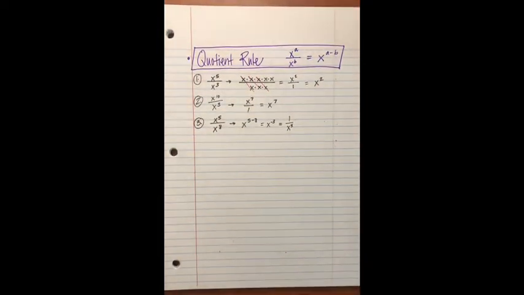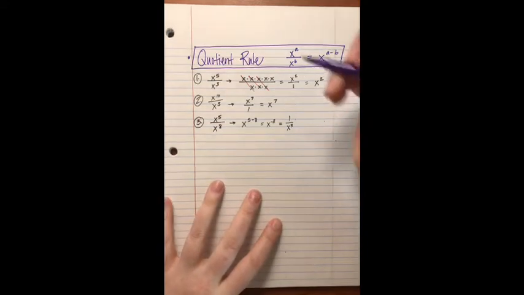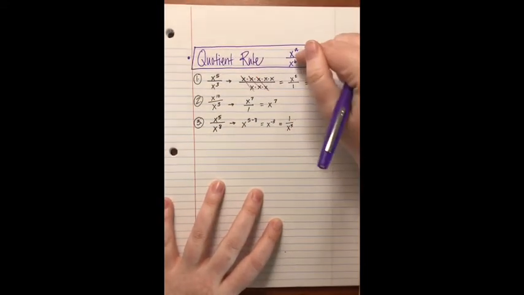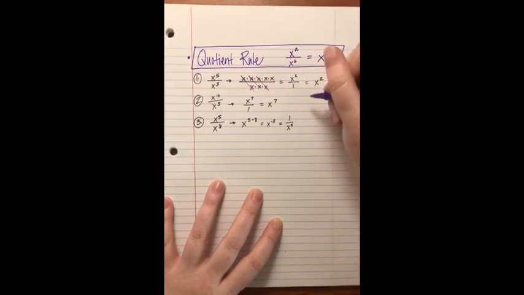That's my final answer. Okay, so the rule here, let's go ahead and write kind of a little rule to ourselves. Let's say this, we'll start with when you're dividing, because we have to make sure this is only for when you're dividing.